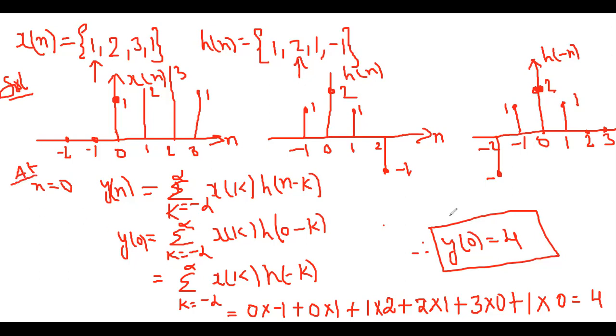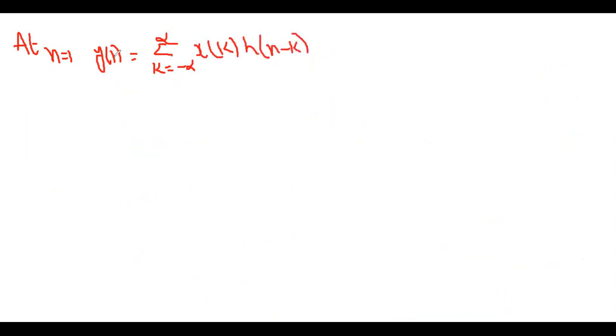Then find at n is equal to 1. What is y of 1? It is the sum over k from minus infinity to infinity of x of k, h of n minus k. You write this as y of 1 equal to the sum of x of k, h of 1 minus k.